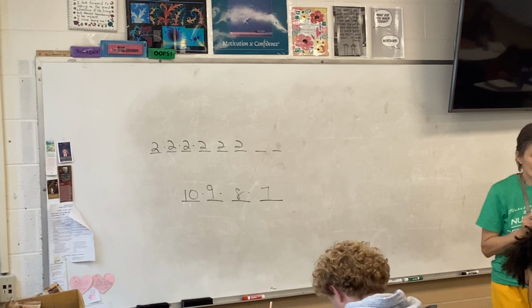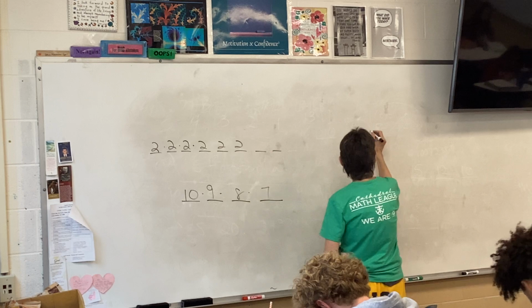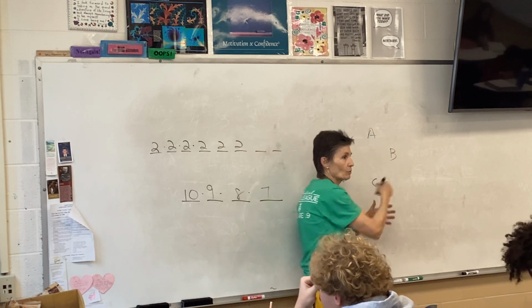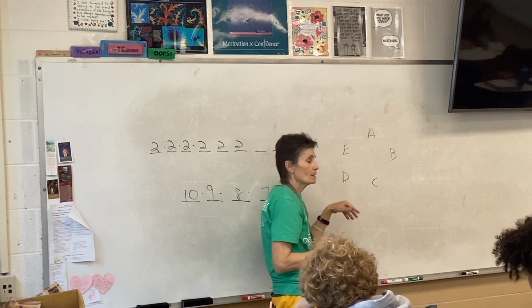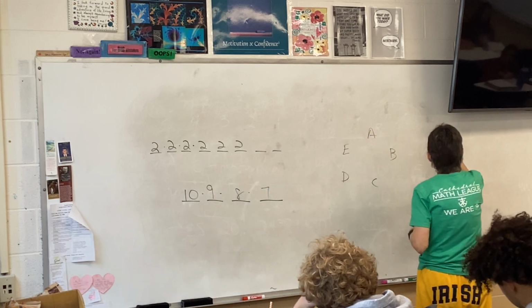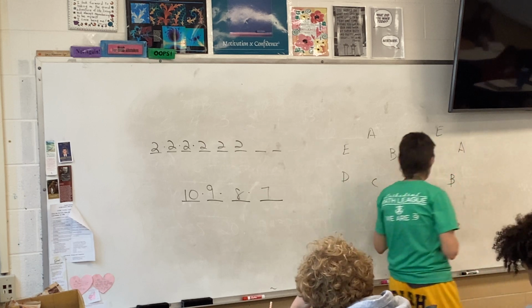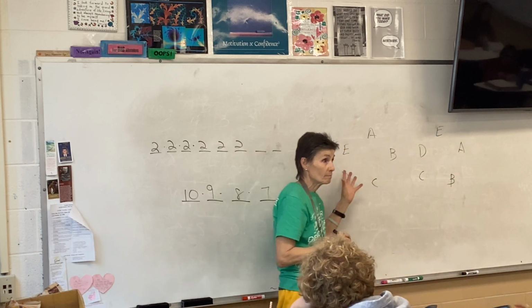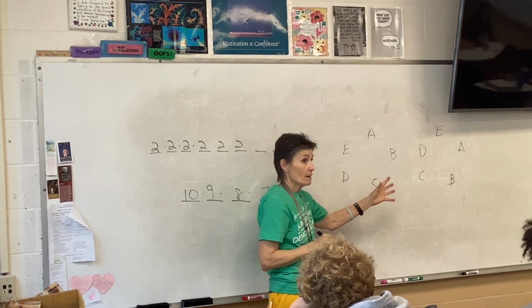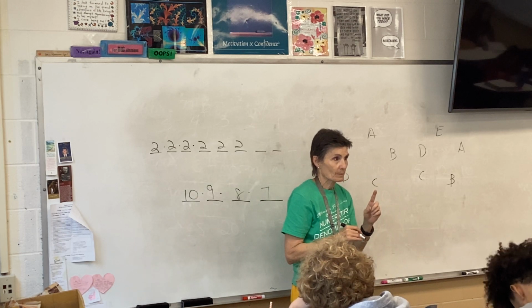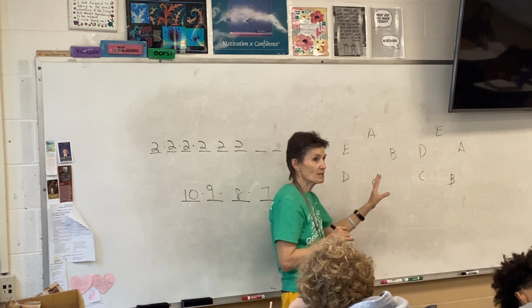Okay? I want you to think about this for a minute. Here are people A, B, C, D, and E, and I put them in a circle. There they are. When I look at this, though, these 2 pictures look different. But are they really different arrangements? Aren't these the same arrangement?